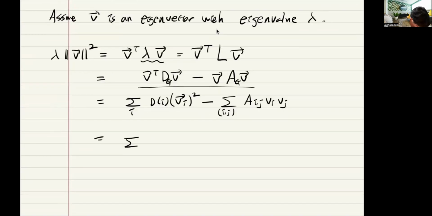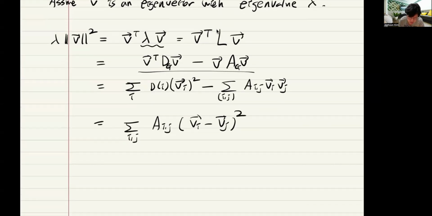And you can check that this is indeed the same as the summation of A i j times b i minus b j squared over all possible pairs i, j.